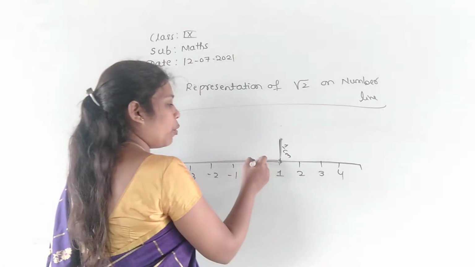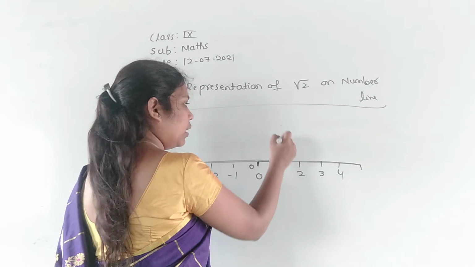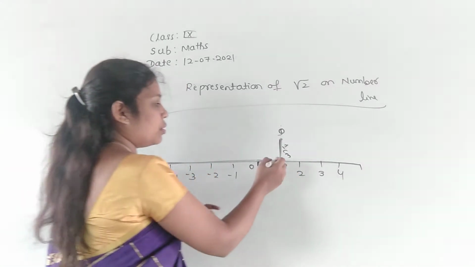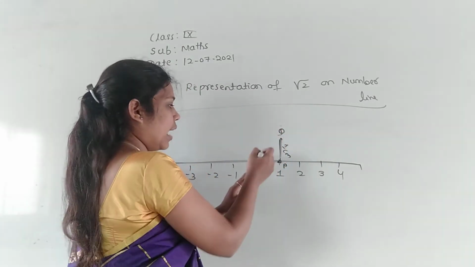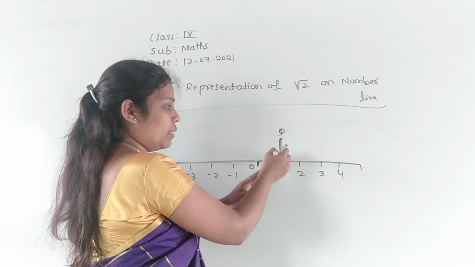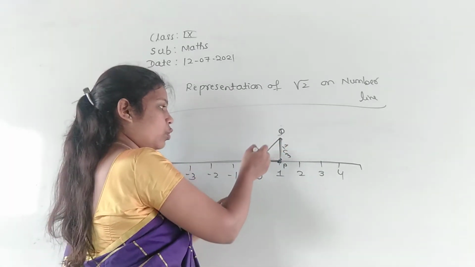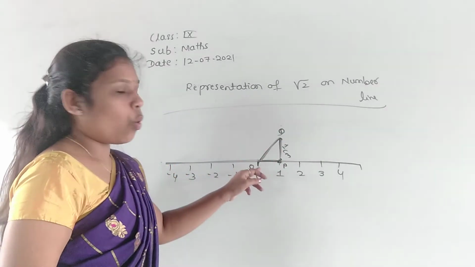So this point will be O, this will be P, and this will be Q. You can take any letters. This is 1 centimeter, and this is also 1 centimeter. Now join O and Q.